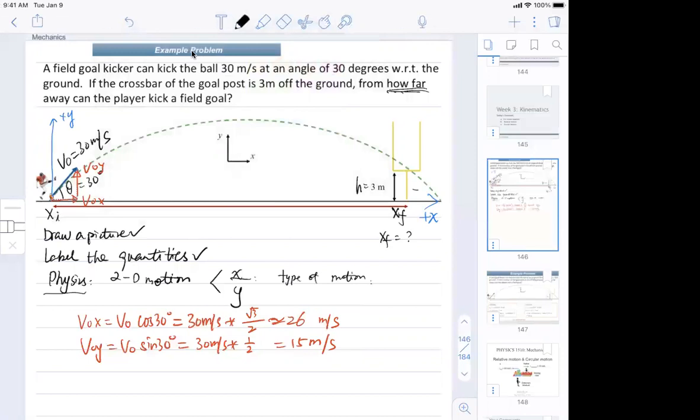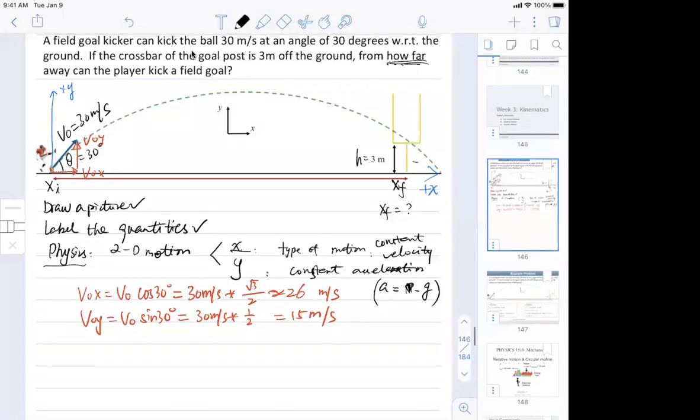So x is constant velocity, and y is constant acceleration. And what is the acceleration? Do we know the acceleration in y? Negative 9.81, because it is the acceleration due to gravity. Yes, that's free fall, so negative 9.81 meters per second squared. Excellent. So we know these, let's look at them separately.